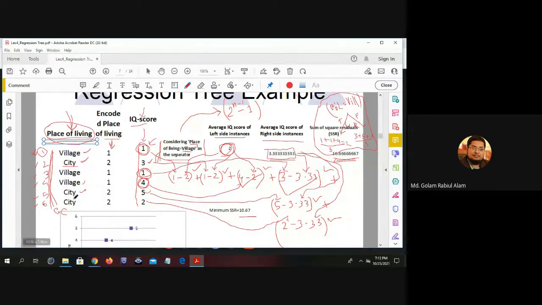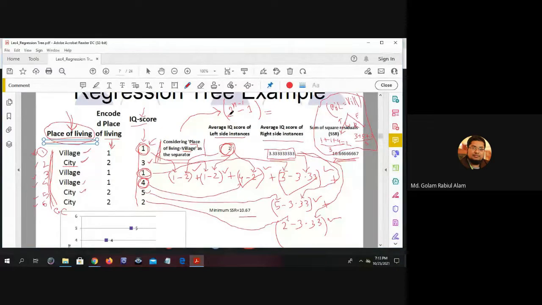In such a case, how many splitters do we have? Three. The number of splitters we specifically determine using this equation.